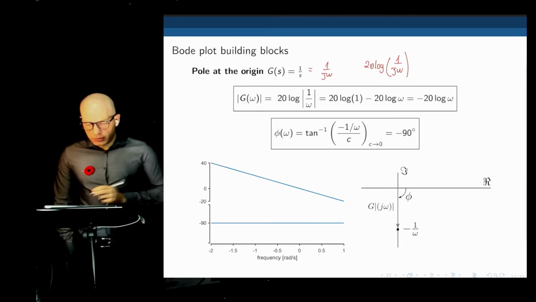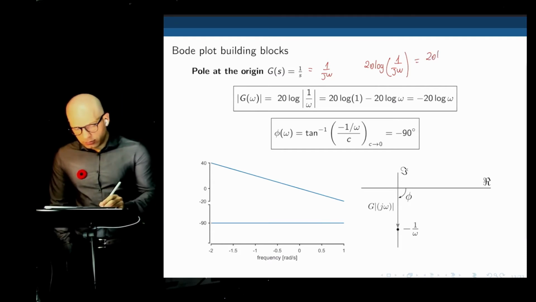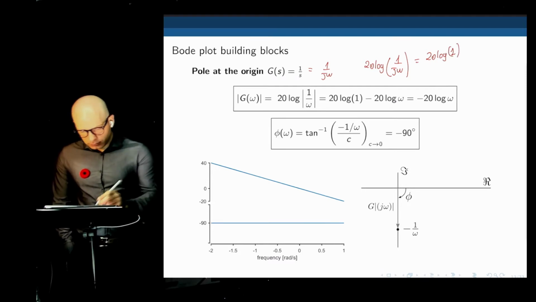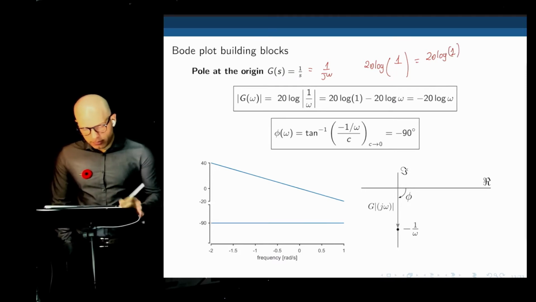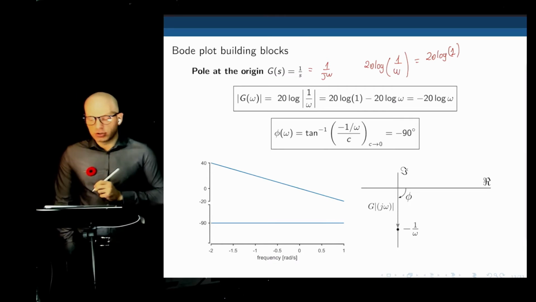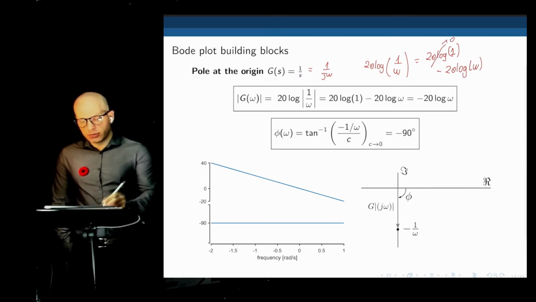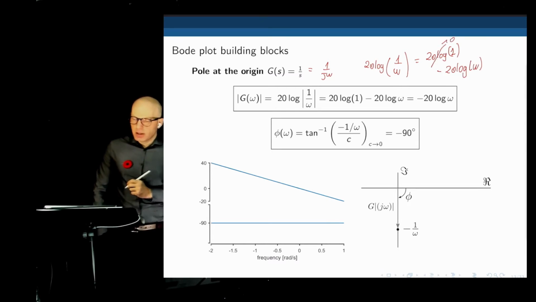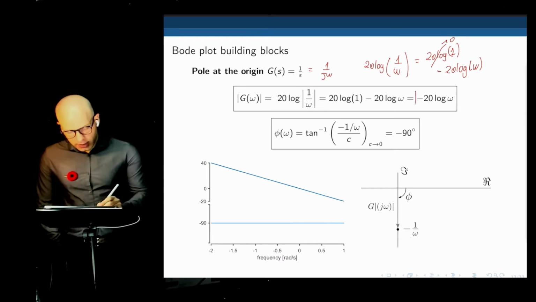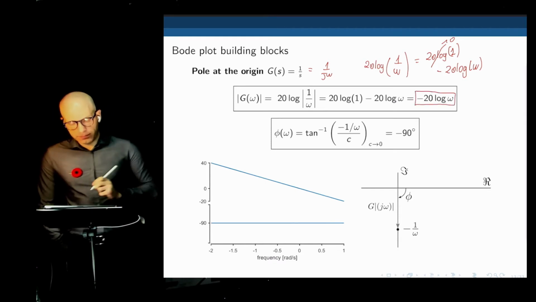Sorry, the magnitude here only takes omega; j indicates the imaginary part. So it is minus 20 log of omega. Now the magnitude becomes negative 20 log of omega.